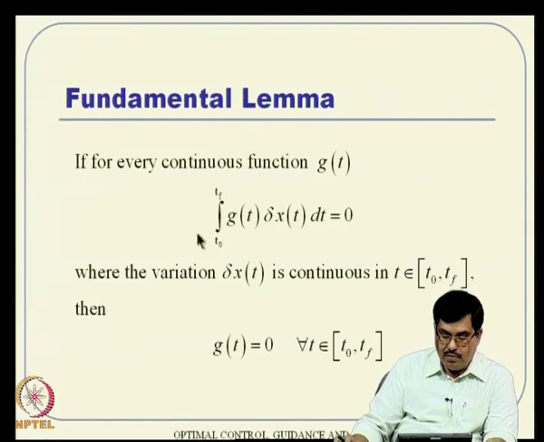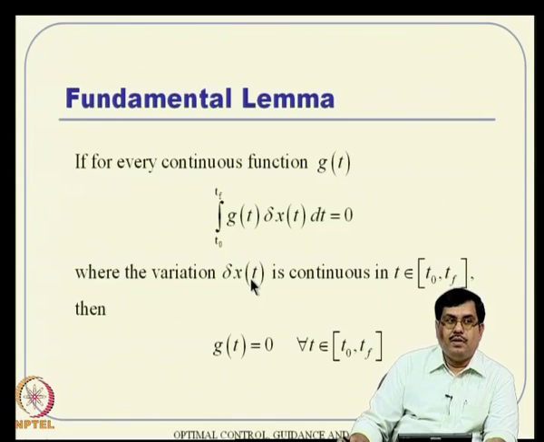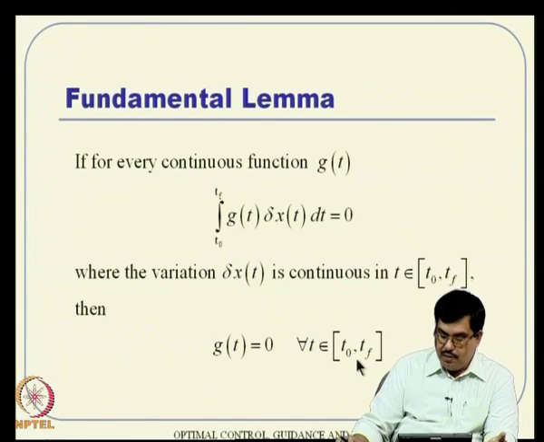It was stated that if for every continuous function g of t this integral equation is satisfied, where the variation delta x is continuous in t, and the only condition required is that delta x has to be continuous, then it turns out that g of t has to be 0 in the entire interval. That is a nice property, and many times we will use it.